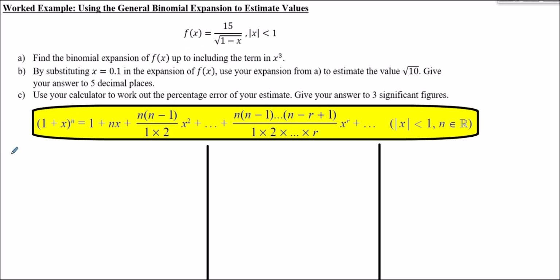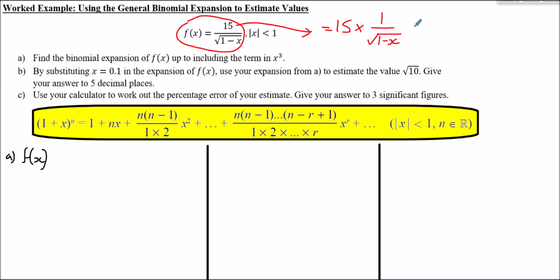So for a, what I need to do is think of f of x in a different way. I need to think of that as being 15 multiplied by 1 over the square root of 1 minus x.